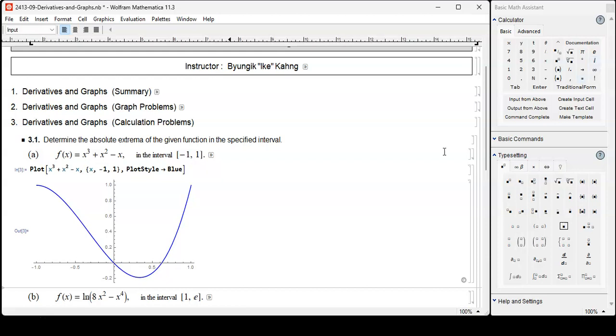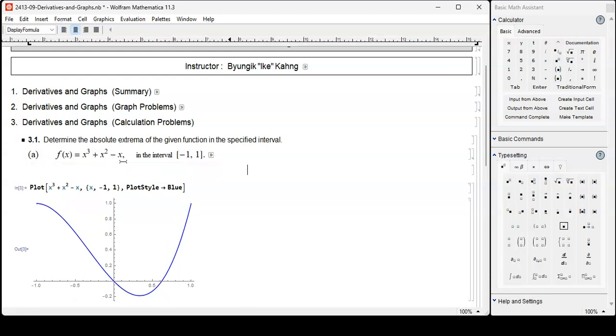Okay, alright, how do we actually find out? Number one, the endpoints are automatically candidates, -1 and +1. And then horizontal tangent. So we have to consider those three cases.